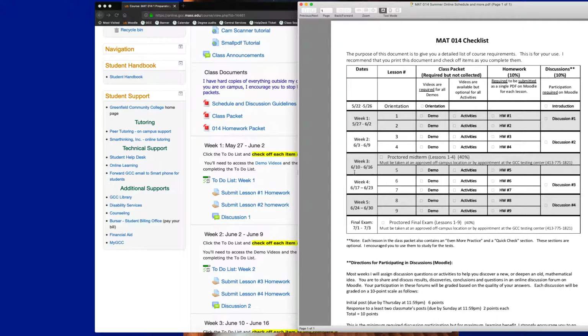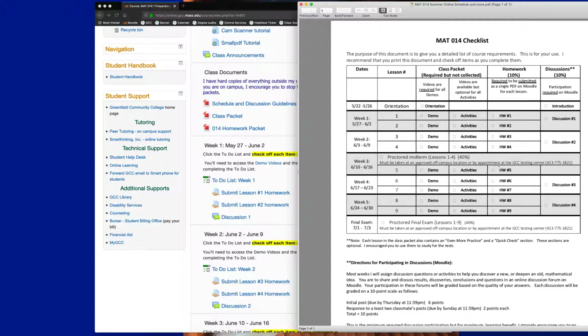Week 3, which is June 10th through June 16th. Somewhere in those dates, you need to take a proctored midterm exam. You may take it at an off-campus location. Oftentimes people choose to take it at a library. Many libraries offer free proctoring services.